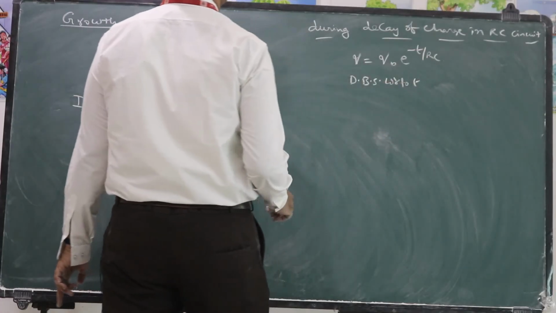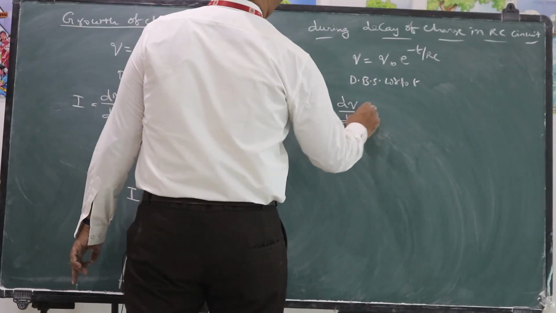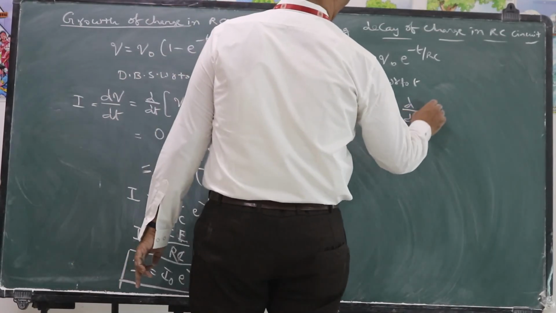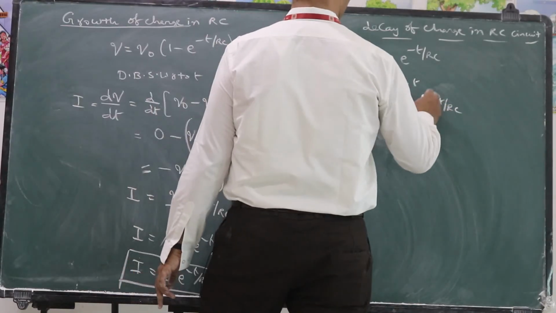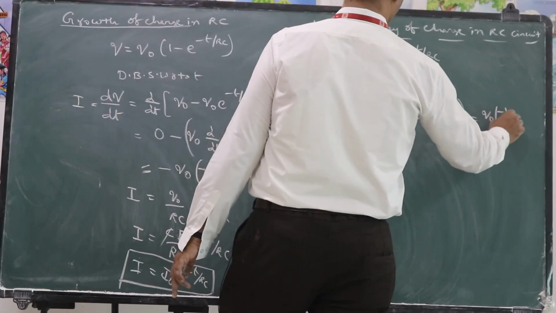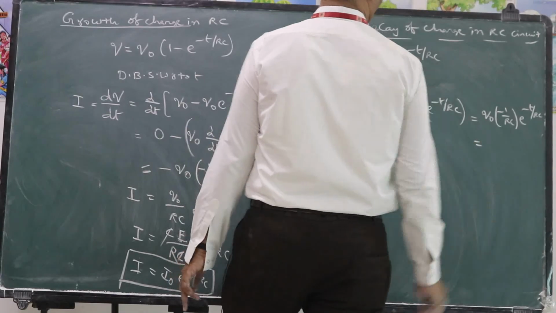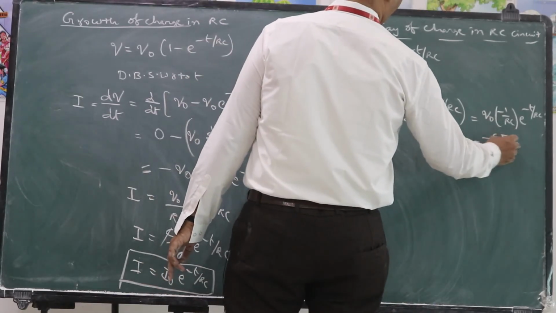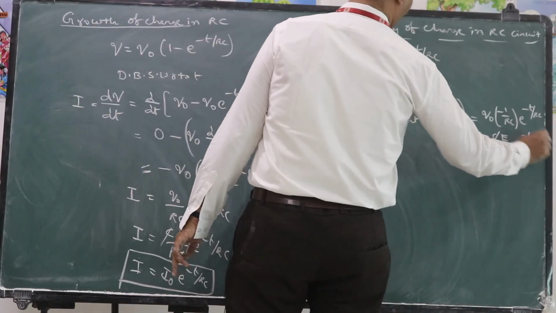What happens? dq by dt is nothing but Q naught, which is constant, into d by dt of e power minus t by RC. This derivative is Q naught into minus 1 by RC into e power minus t by RC. Q naught is nothing but CE, so it is CE by RC, e power minus t by RC.